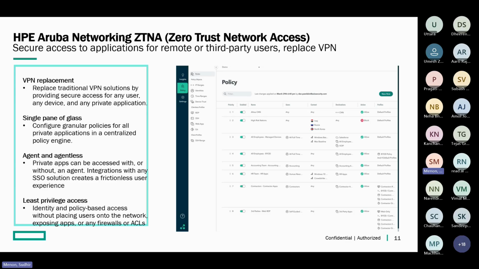Agentless access for your subcontractors is what we can deploy with agentless ZTNA.